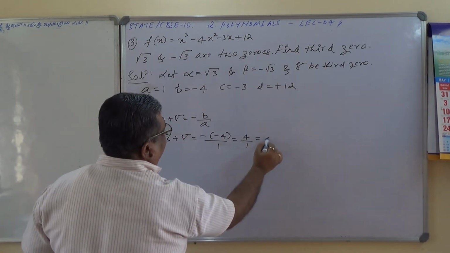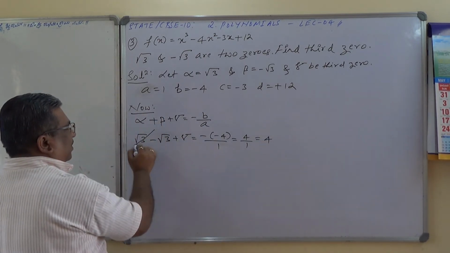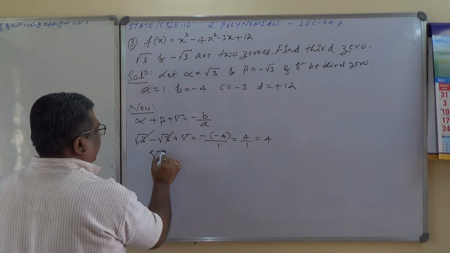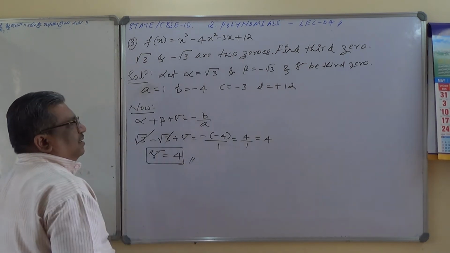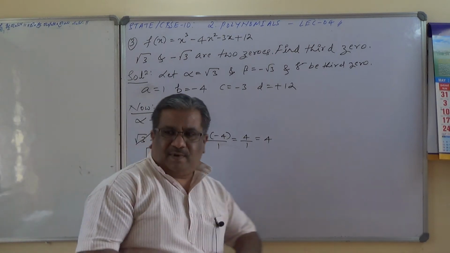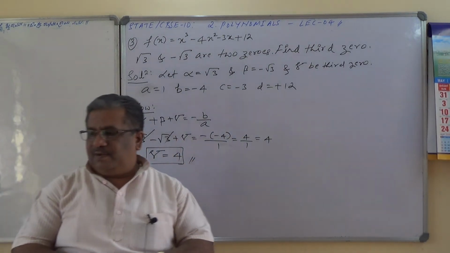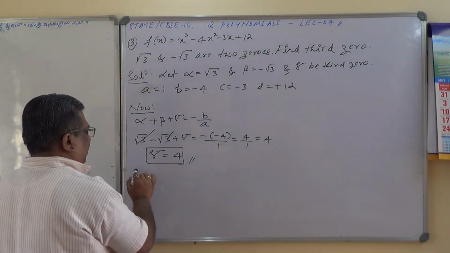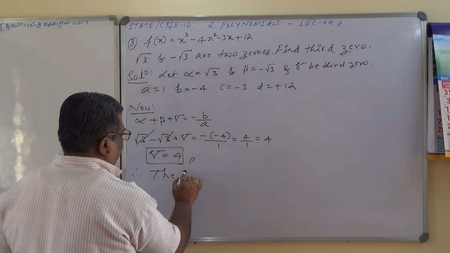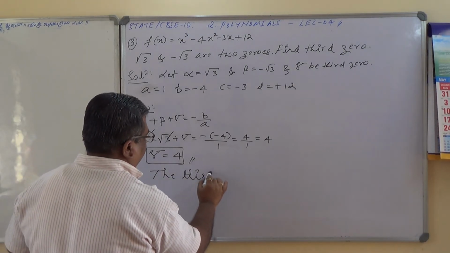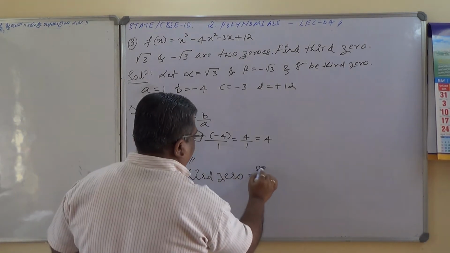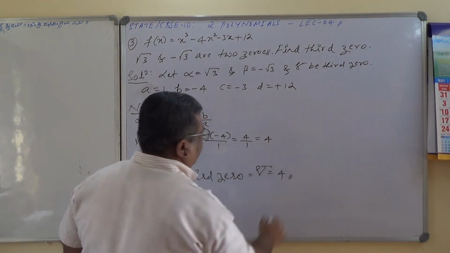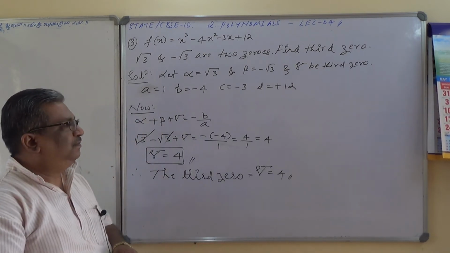So this will cancel and gamma equals 4. Yeah, we got it in a single step. Very quickly we got this answer. Gamma is equal to 4, and therefore the third zero equals gamma equals 4 should be our answer. No doubt.